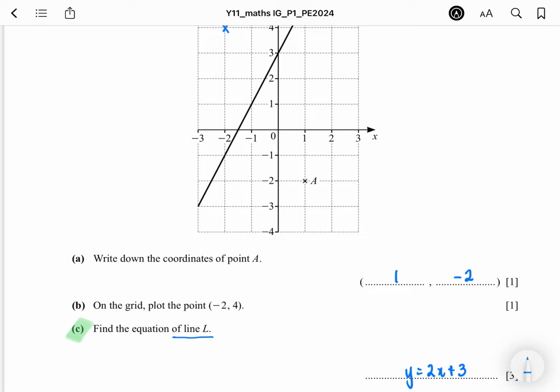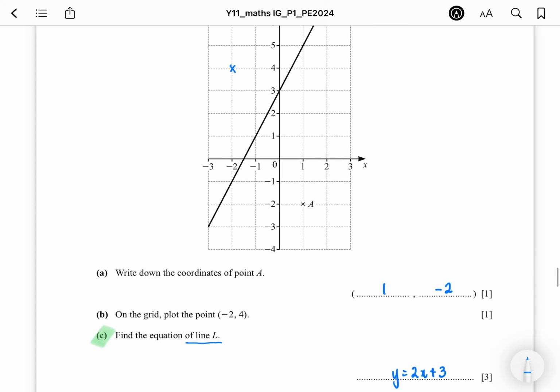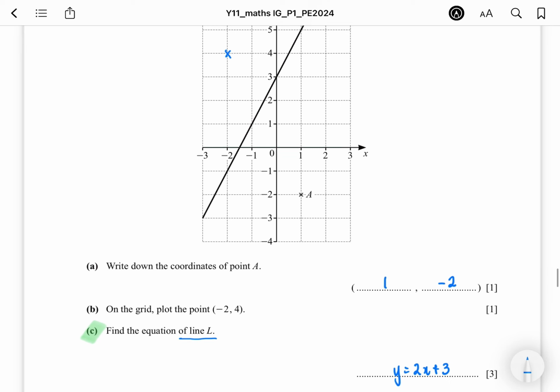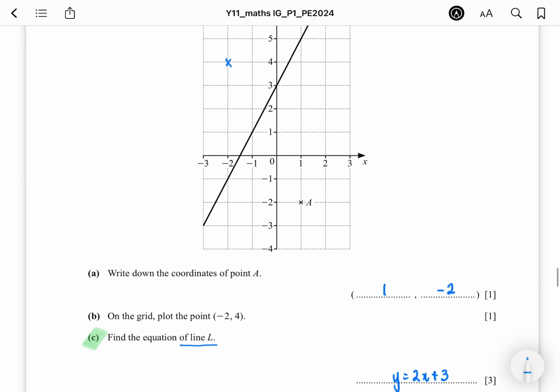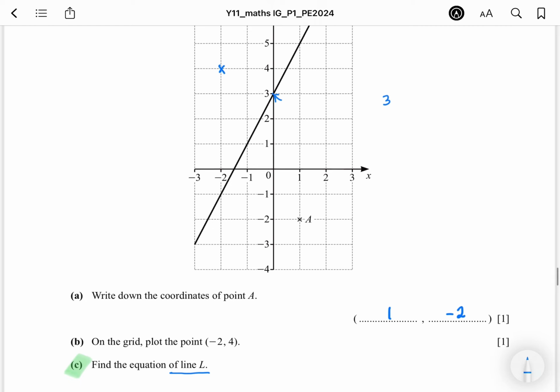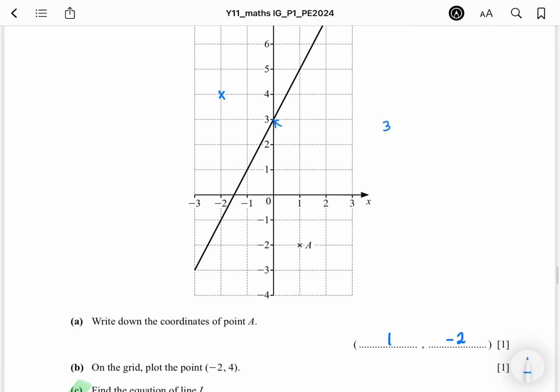Find the equation of line L. Line L. First, you identify where the line touches the y-axis. So right there. So that means it's 3. And then from that, you just rise over run. So I can go 1.